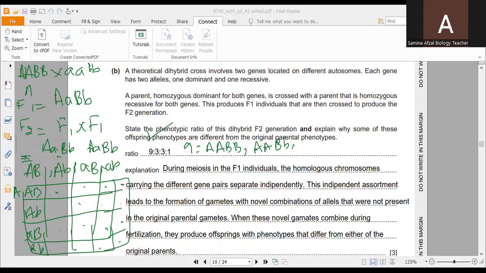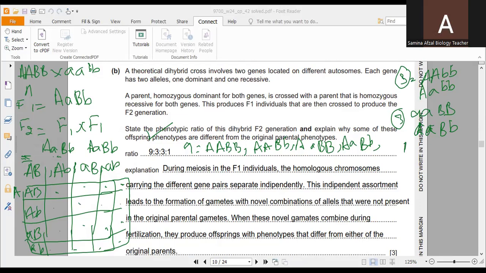In this way. And 3 will have the next phenotype, and then the next three will be small a, capital B, and capital A, small b.